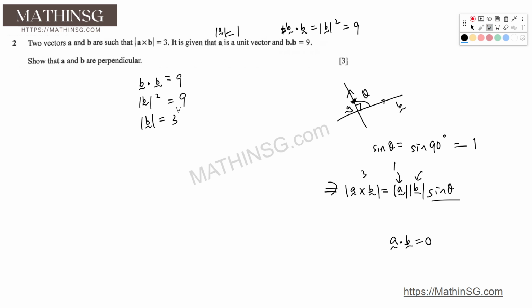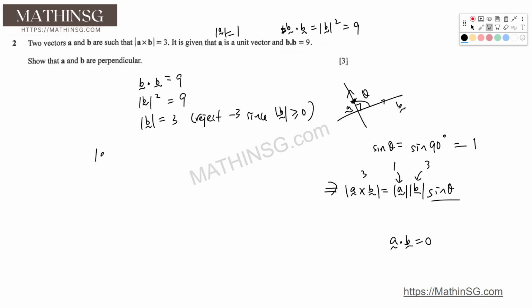We'll reject negative 3, since mod B must be greater than or equal to 0 because it is a magnitude. So now we know mod B is 3, mod A is 1, mod A cross B is 3. We can find sine theta and show that it's equal to 1. And when sine theta is equal to 1, the angle between the two vectors is 90 degrees.